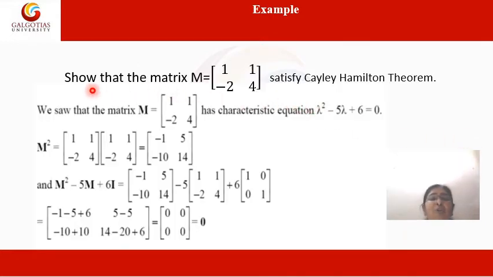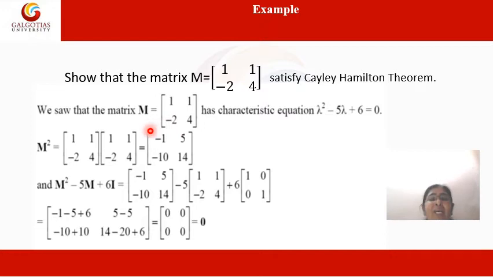Next is: show that the matrix M = [1 1; -2 4] satisfies Cayley-Hamilton theorem. I have to show that this matrix of order 2 satisfies Cayley-Hamilton theorem. Now I will write its characteristic equation as discussed earlier.